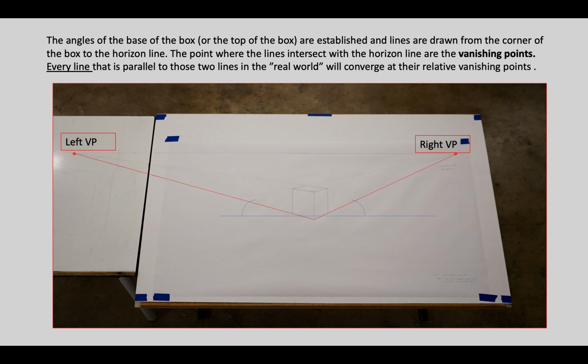Or I have a tool that I bring to class sometimes, a piece of plexiglass with a bunch of colored angled lines on it that you can use to line up with the subject, and you can see which of the colored lines line up with the actual object. I've established that the two angles of that box are about equal, one going to the left and one going to the right.